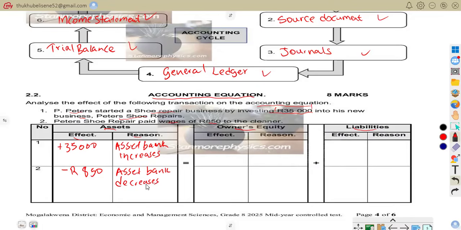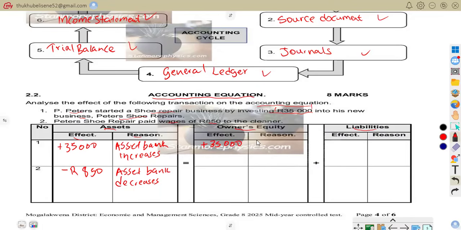So we are going to pay out 850 to our cleaner. So what is going to happen to our owner's equity? The first one, we didn't treat the owner's equity. So for the first one, we are going to have plus 35,000 under owner's equity.